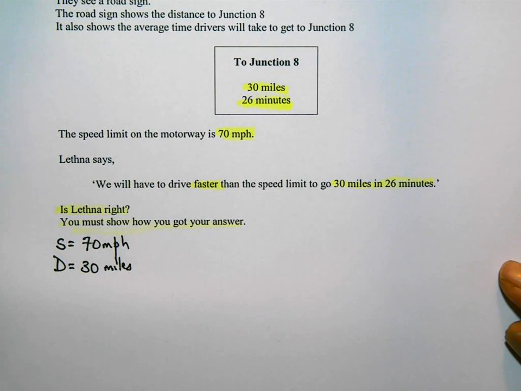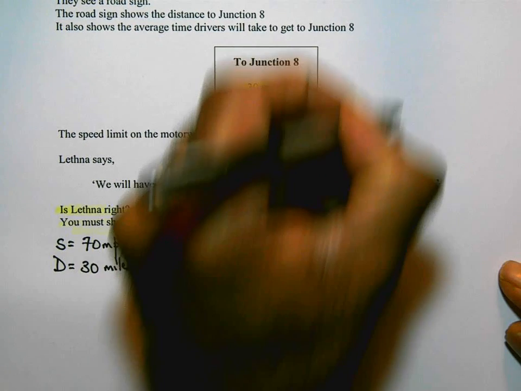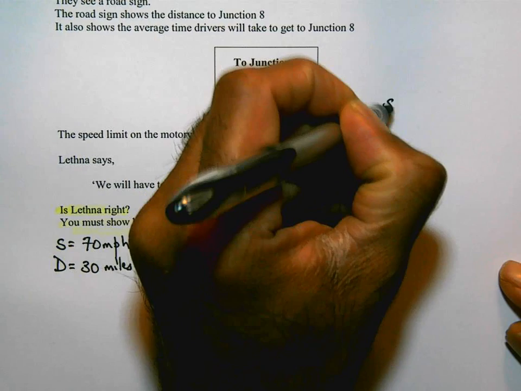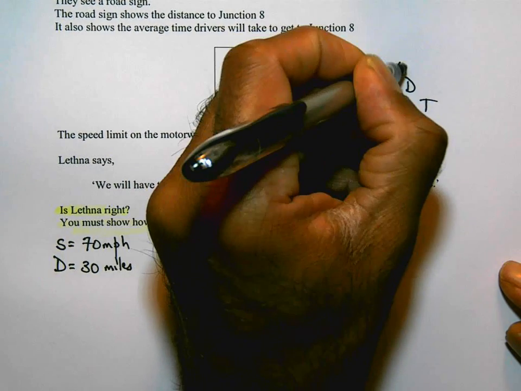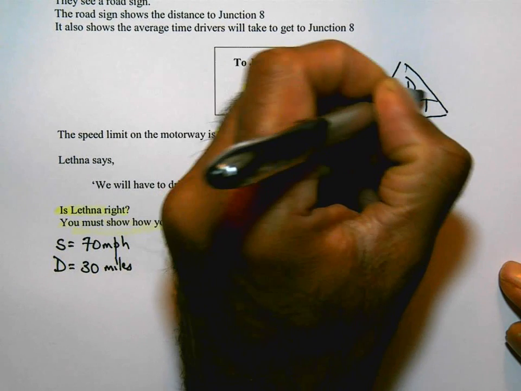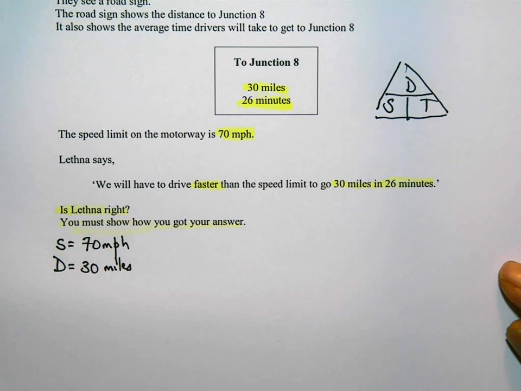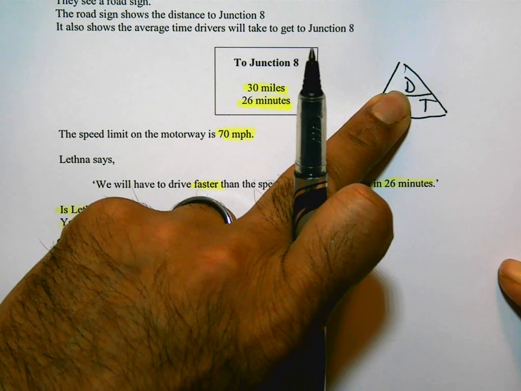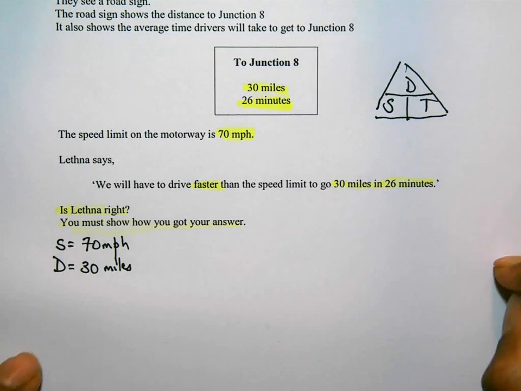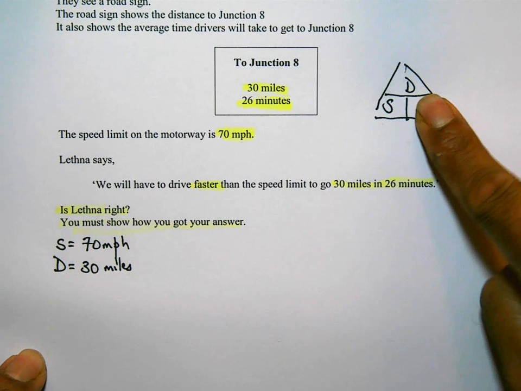Now, you need to know this equation. Speed is equal to distance over time. You might have done this in science, but it's the speed, distance, time triangle. If you wanted to work out speed, it's distance over time. If you want to work out time, it's distance divided by speed. And that's what we want to do.